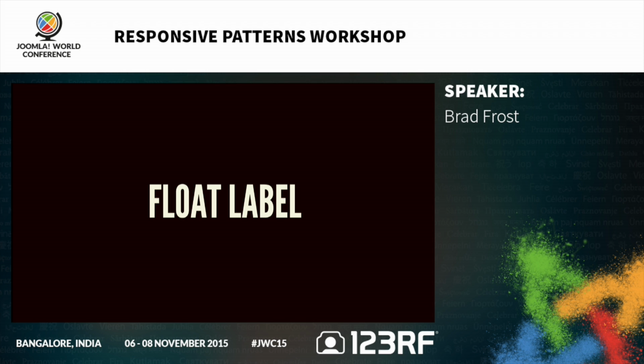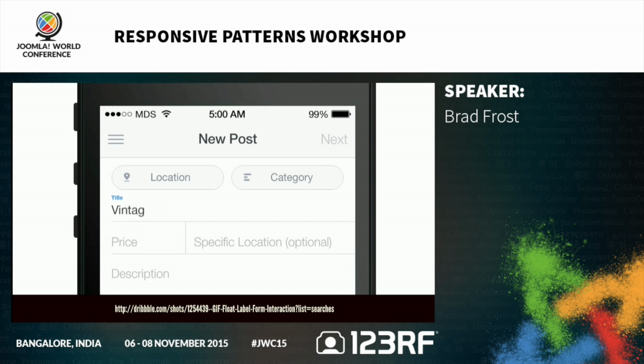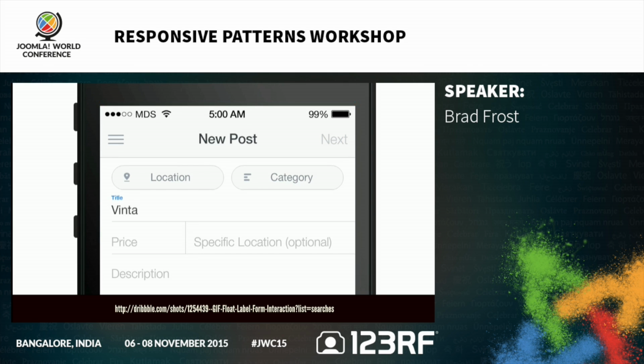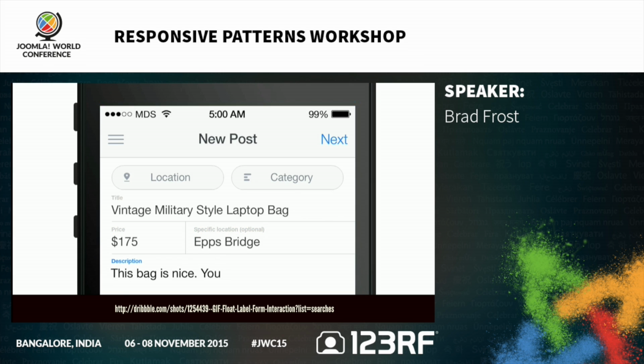The last thing I'll talk about is this notion of the float label pattern. The notion of inlining labels into form inputs can be effective. It saves vertical screen real estate and turns inputs into buttons, but at the same time, it's not very accessible, because once you fill out those form fields, you lose the context of what that form was.